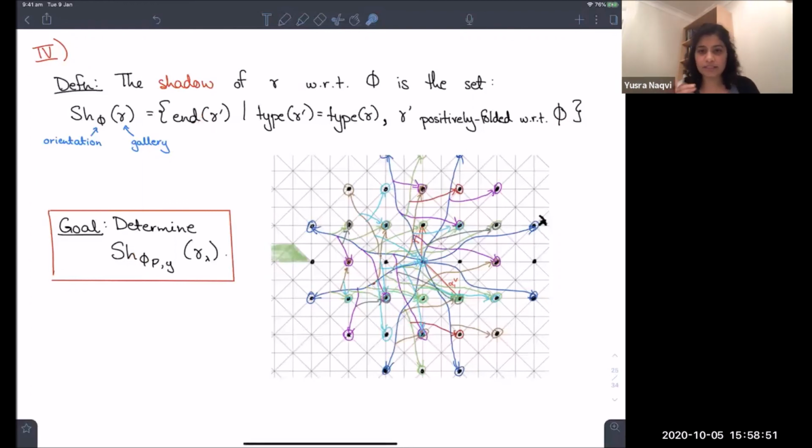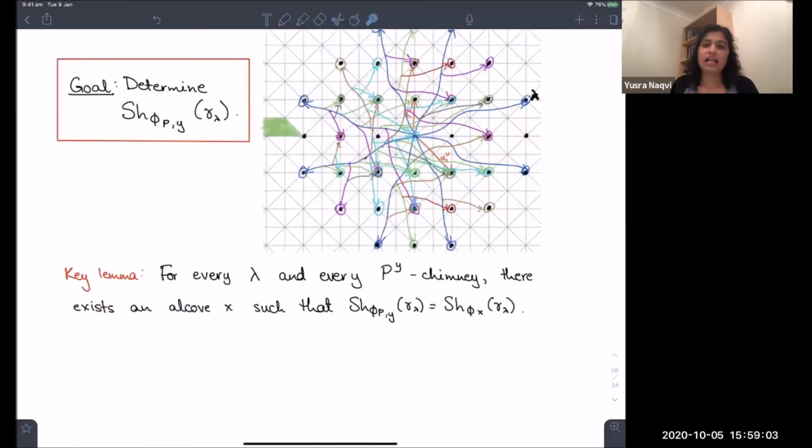And here's an example to show you that if I'm just folding galleries by hand, it really is quite complicated. There are a lot of hyperplanes to consider and all of the induced orientations that we would need to think about. But one of the nice things about chimneys is that each of these can be produced by using an alcove that is sufficiently far away.